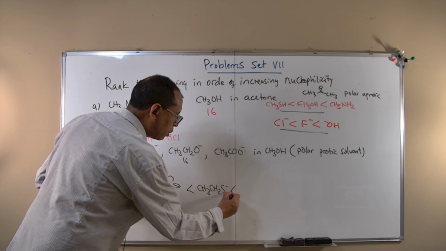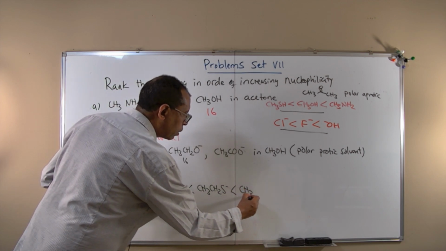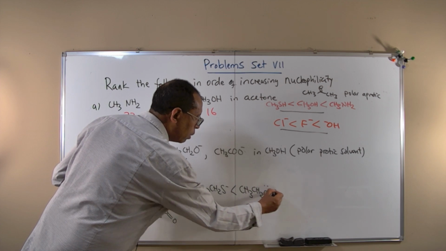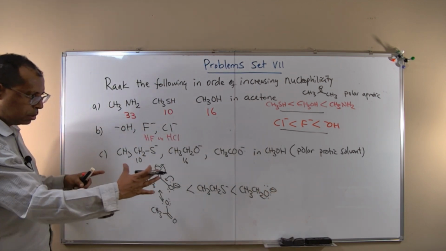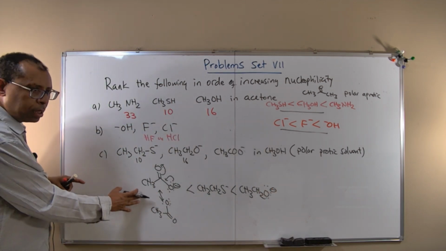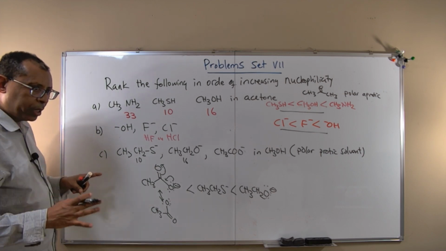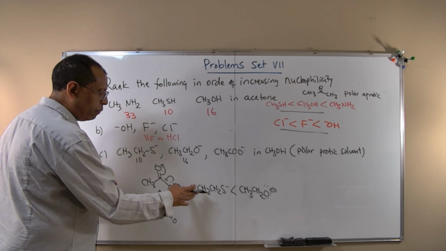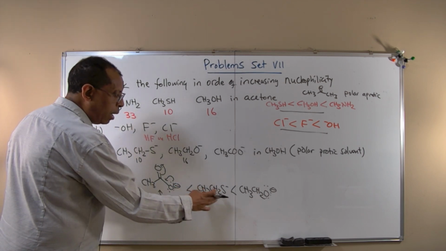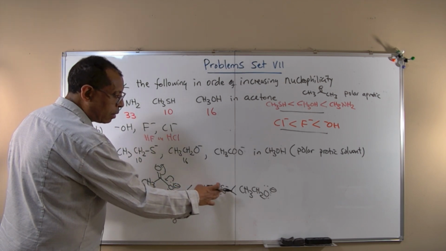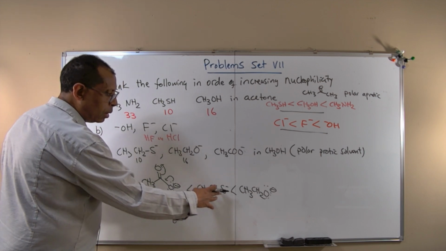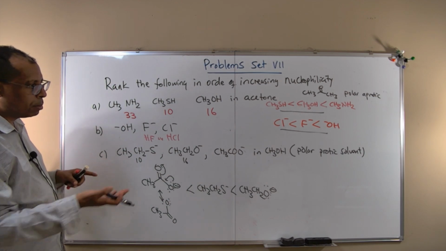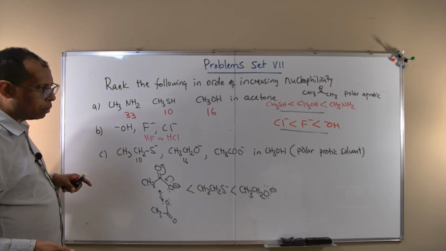And the strongest would now become the alkoxide. Ethoxide would be the strongest nucleophile. So this is the order. The acetate anion is the weakest base, followed by the weakest nucleophile, followed by ethane sulfide, and also the alkoxide. So how about methanol? What is the role of methanol in this?